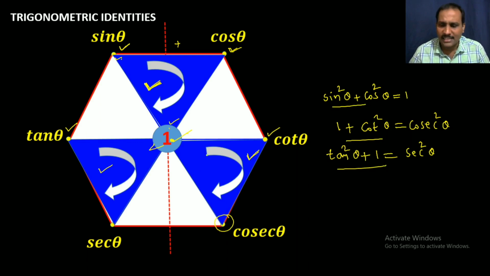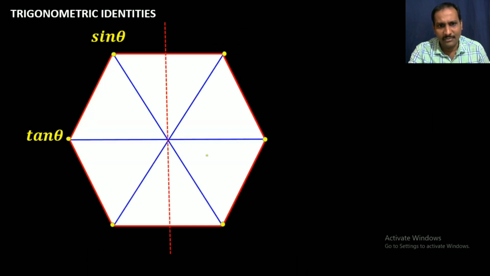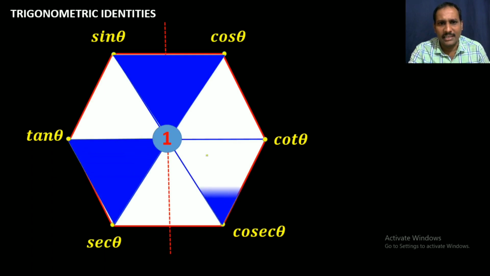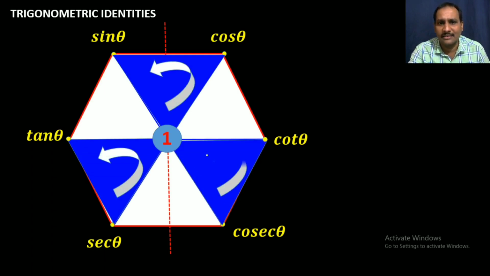So what happens if you take in the anti-clockwise direction? Let us see. Again the same thing is to be followed. So let us take the 3 triangles, but now let us take the anti-clockwise direction. Now when we have taken the clockwise direction, we have added them. Now we have to subtract them and we have to start from here.